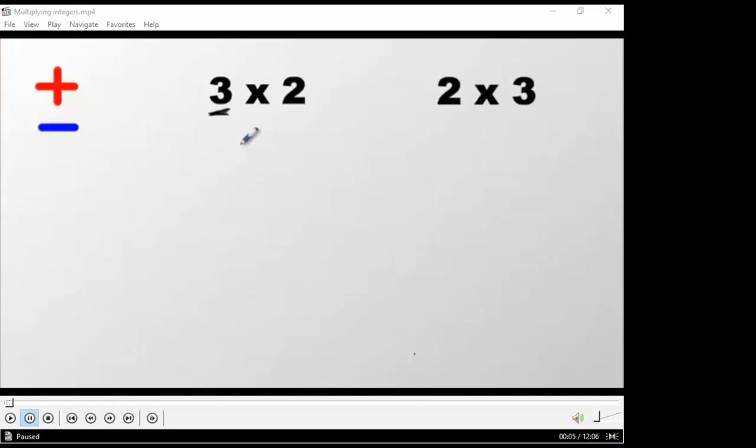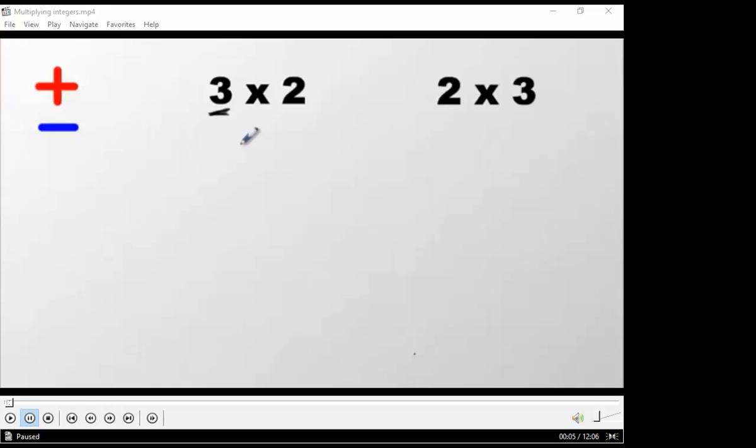If I ask you 3 times 2, you will be happy to have this question. 3 times 2 equals 6. This is since grade 2, right? But I'm dealing with grade 7, so we want to use modeling integers. What is modeling integers? I'm going to use positive and negative.